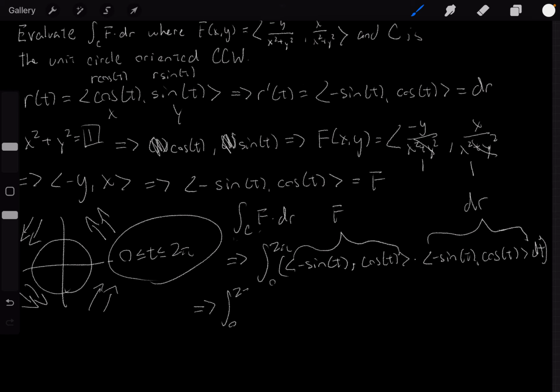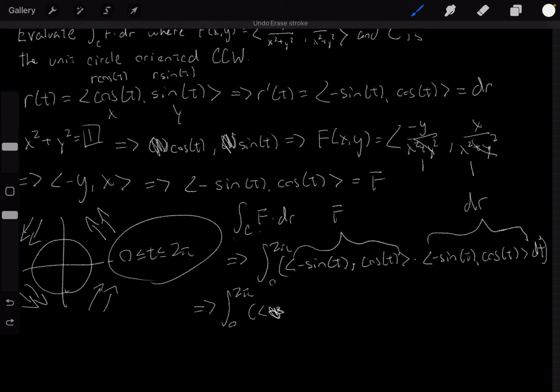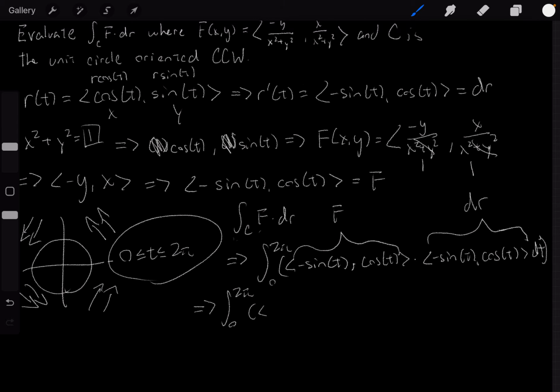It's going to be the integral from 0 to 2 pi of negative sine t times negative sine of t, which is positive sine squared t, plus cosine of t times cosine of t, which is cosine squared t, dt.